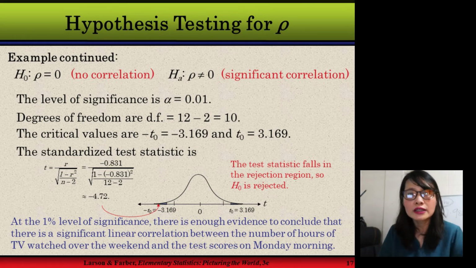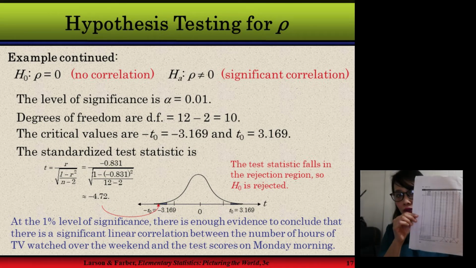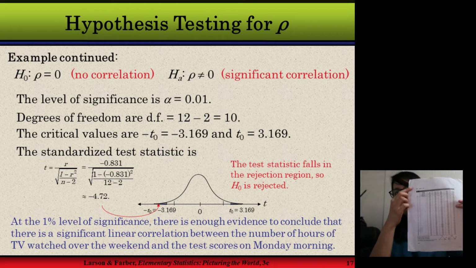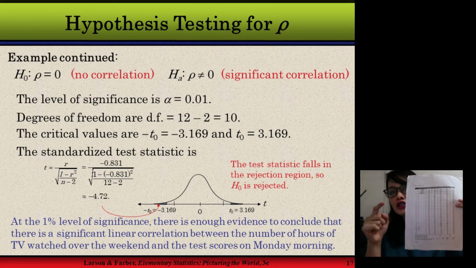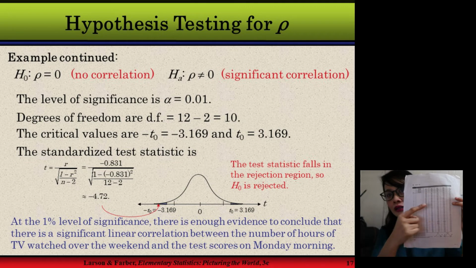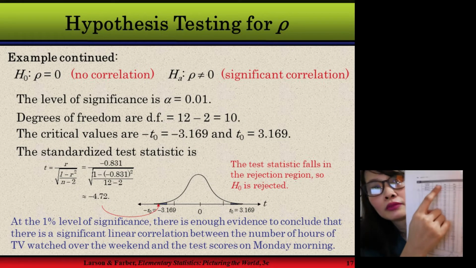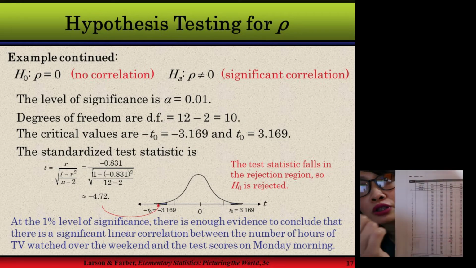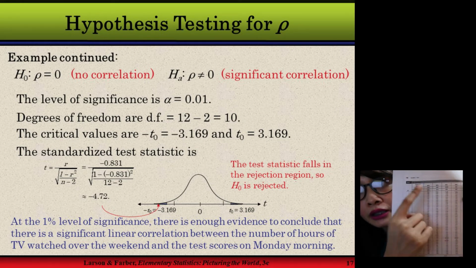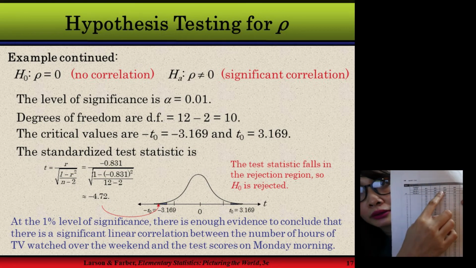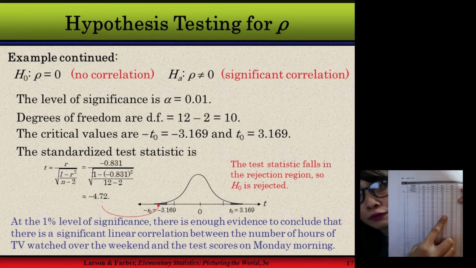So using the t-test table, you check two-tailed, then 0.01, and then the degree of freedom, which is 10. Degree of freedom 10, and you check the test which is two-tailed, the level of significance, which is 0.01, and the DF which is 10.